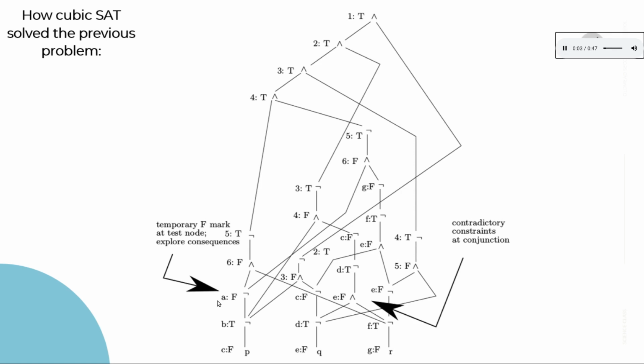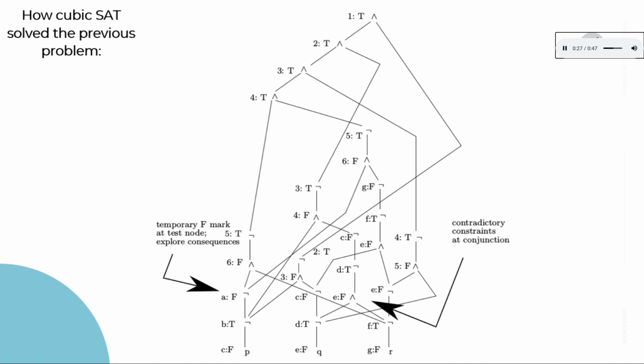Now, let us mark the test node taken in the previous case as false. Now, we again observe that this marking of false produces a contradiction on the conjunction node, which is pointed to by an arrow on the right hand side.